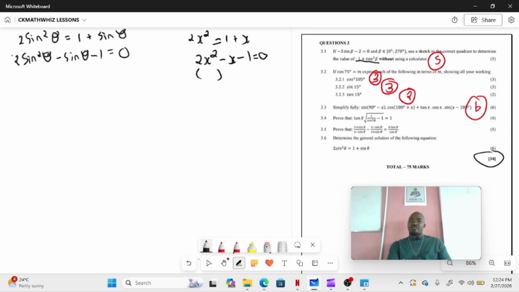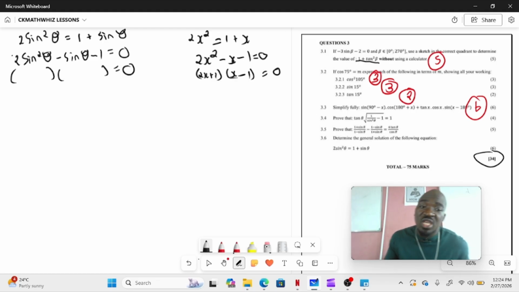And you will factorize this in terms of 2x and x, then 1 and 1. Then this one is plus, this one is minus. That's how I make things simple for myself. In most cases, I use this to make things simple. Then if we look at the fact that here we have 2 sine theta as well as sine theta, I think, this side.